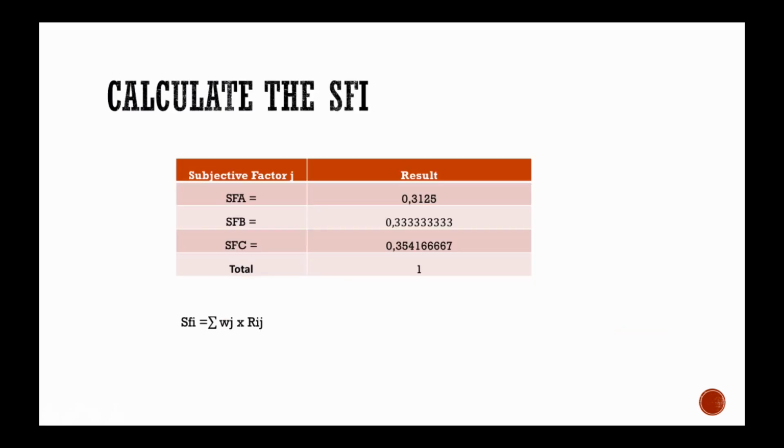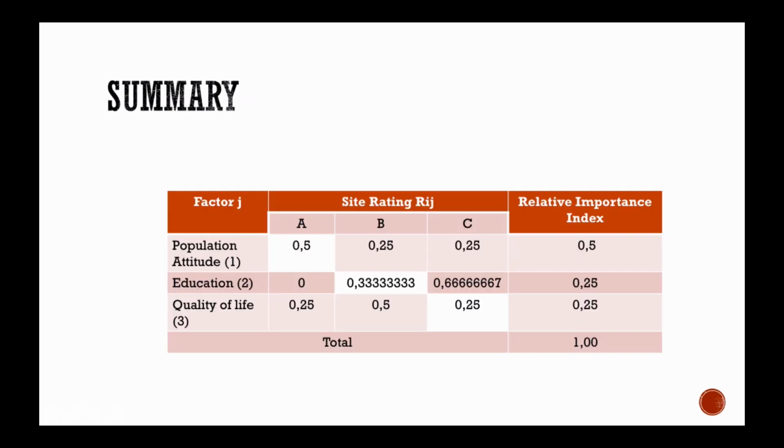And then calculate the subjective factor of E, SFE. So here we can calculate the subjective factor of A. Subjective factor of A is 0.3125 by using the weight of G times the relative importance of RAG. So we can also write this one like this.